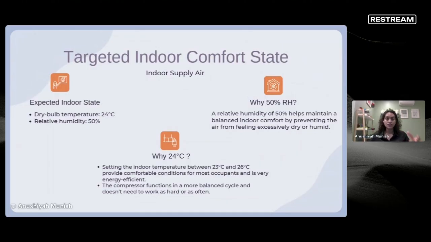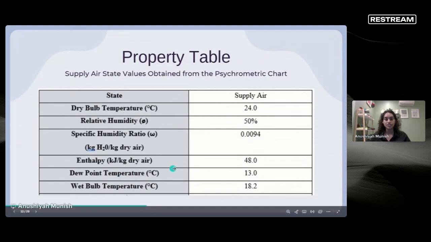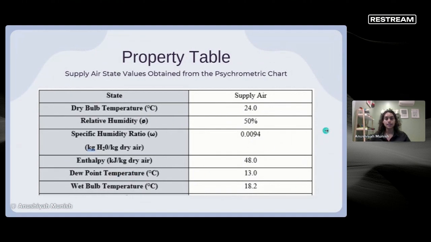And the reason I chose 50% relative humidity is because it helps maintain a balanced indoor comfort by preventing the air from feeling excessively dry or humid. Again, from the dry bulb temperature and the relative humidity, we can find the values of specific humidity ratio and so on through the psychrometric chart.